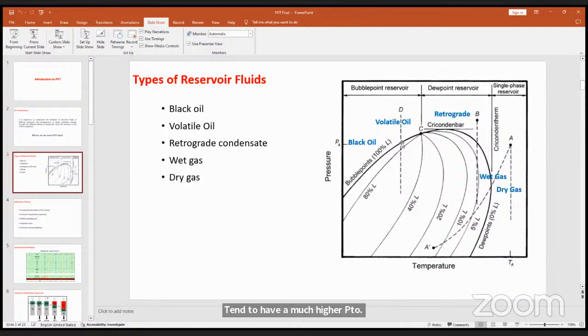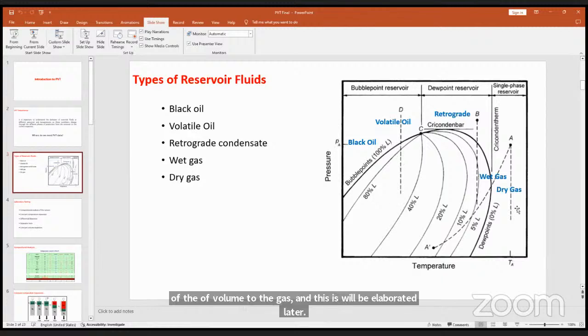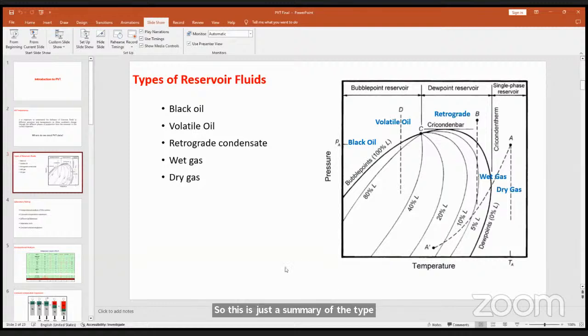It loses a significant amount of its volume to the gas, and this will be elaborated later. So this is just a summary of the types of fluids that we have. Now I would like to go briefly through a PVT report. I will focus mainly on an oil case.